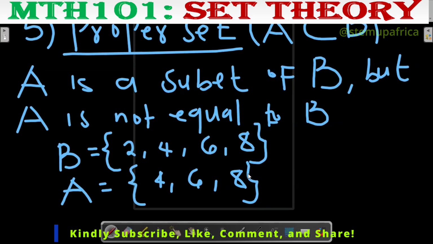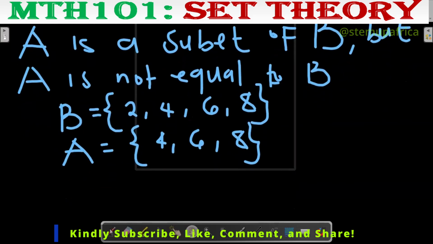So what is different between the two sets now? It's the 2, because A has everything B has, but it doesn't have the 2. So that means that A is a proper set of B. That's what it means. A is a proper set of B.